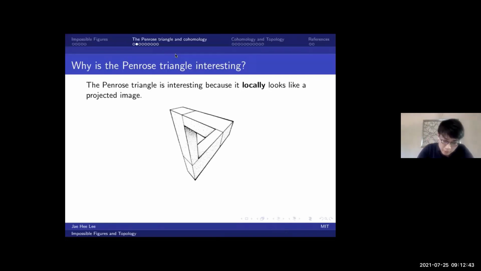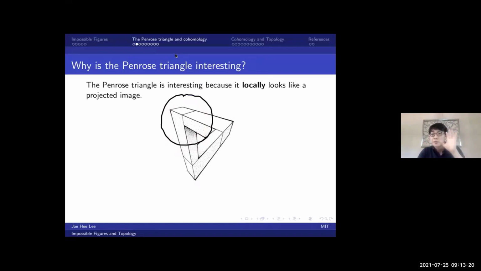So what do I mean by local here? That means although this whole picture doesn't make sense in 3 dimensions, we can look at certain parts of this picture. For example, this little partial image, the part that I'm drawing circles around, maybe I'll draw actual circles here so that it doesn't disappear. So you look inside this black circle, and this part of the triangle does look like an honest image of some honest 3-dimensional object.